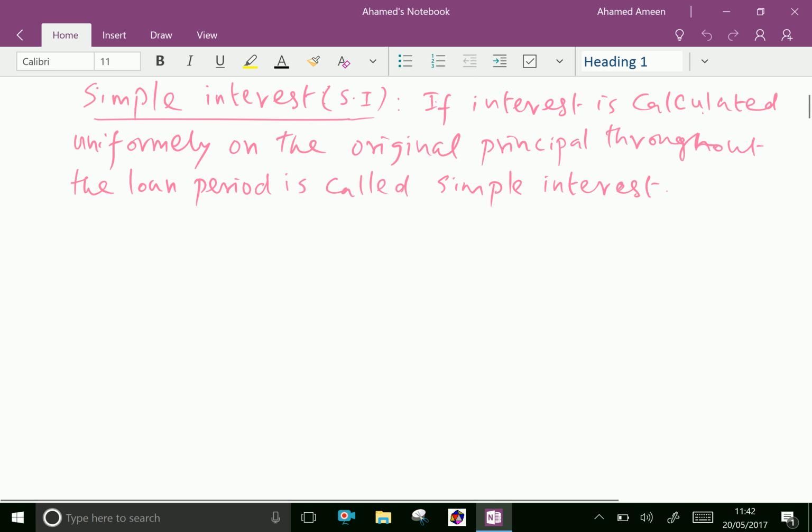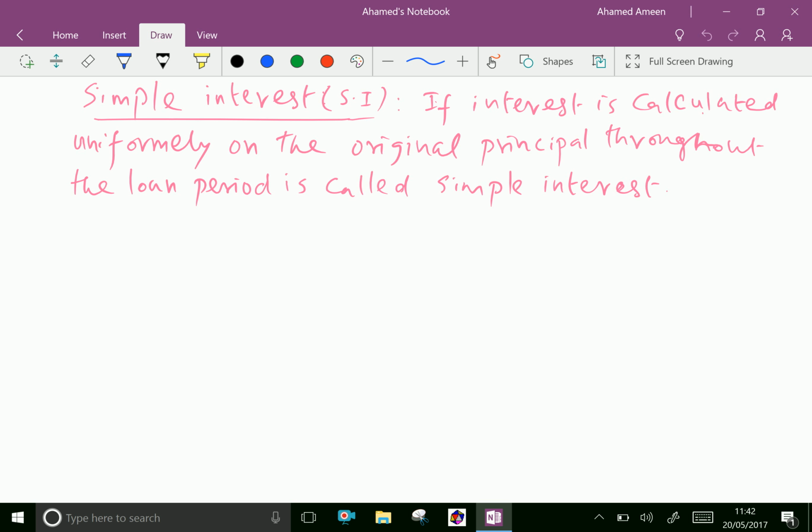Now let us write some formulas regarding simple interest.